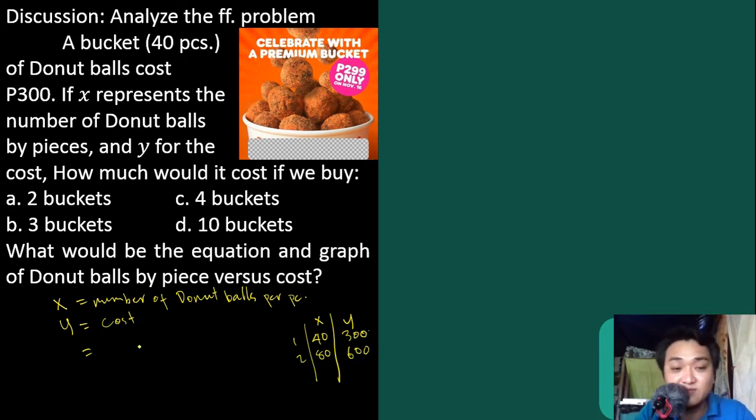And therefore, all we have to do is to multiply x by 300. So that is 300x. That will be y. So ibig sabihin 300 times kung ilang bucket yung binili natin, kung per bucket yung gusto nating bilhin.